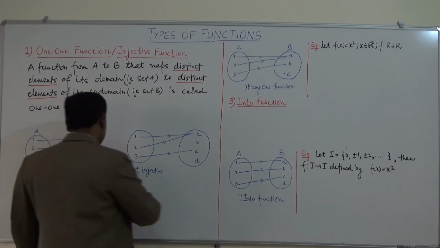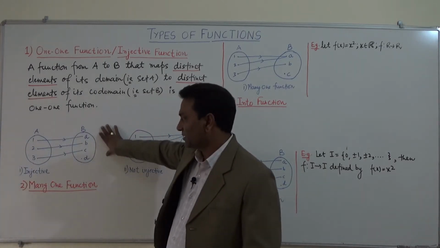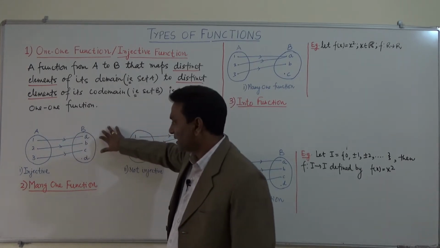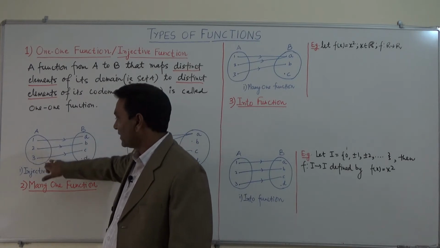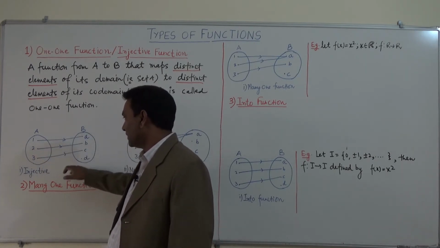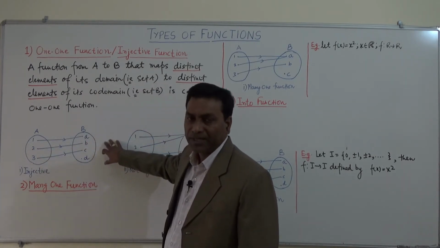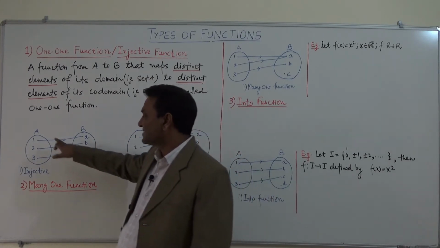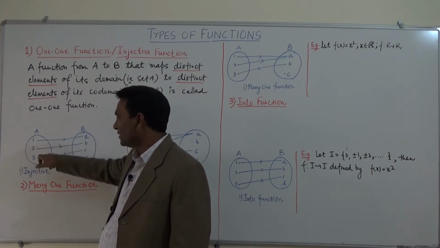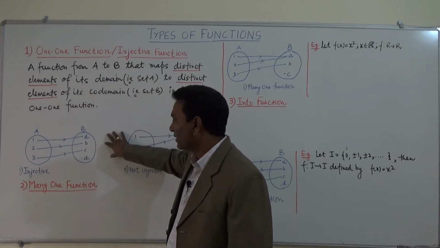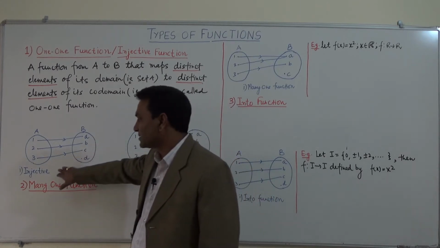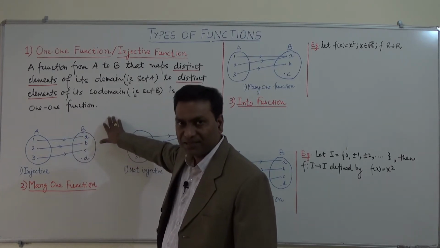We have a set A and a set B. In set A we have 3 elements, 1, 2, 3, and in set B we have 4 elements, A, B, C and D. So distinct elements of A, that is 1, 2, 3, map to distinct elements of set B. That's why we can say this is the injective function.